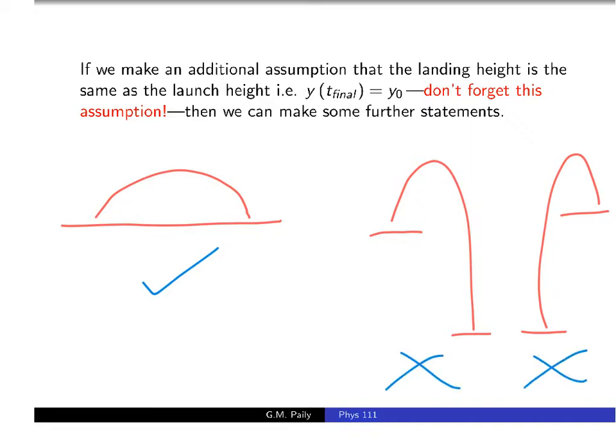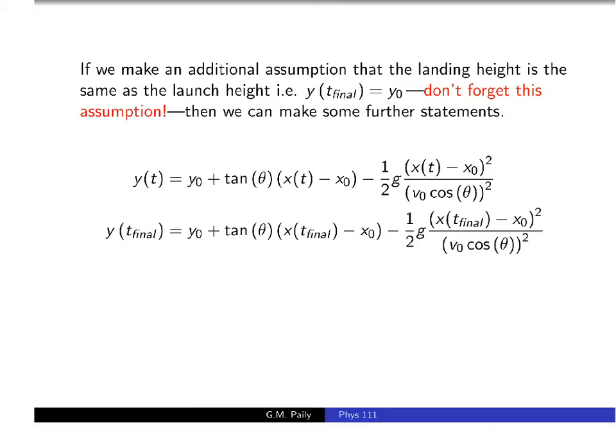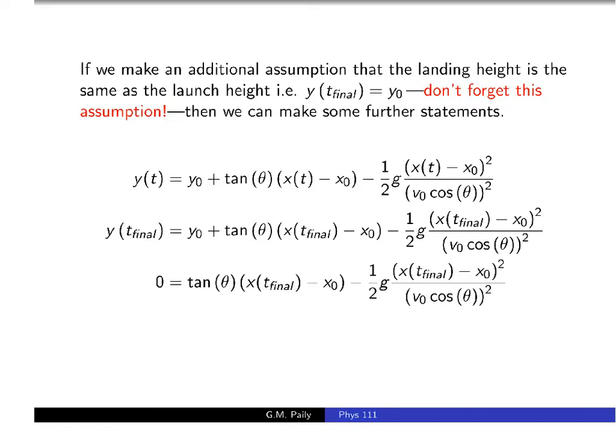So, if we focus on this case, where the landing is at the same height as the launching, we can make a few more statements. So, going back to the trajectory equation, we know that the position in the y direction, that is the height at t final, is equal to the launch height. So we can cancel out those two terms. We're left with this.